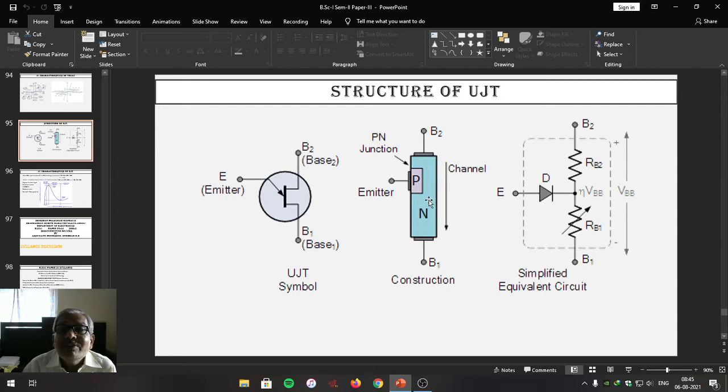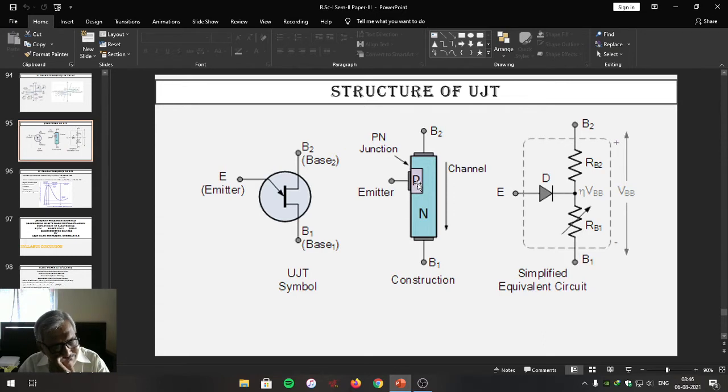Friends, on this N type semiconducting bar, the P region is doped on one side. So this white colored doped region represents the p-type semiconductor.